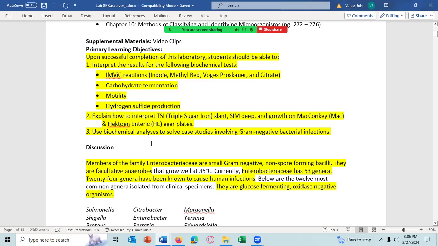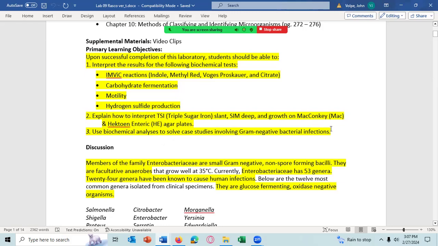To be able to explain how to interpret TSI test, that's the triple sugar iron test, the SIM deep test. SIM is sulfur indole motility test, and then the growth on MacConkey's agar and HE or Hektoen enteric agar.